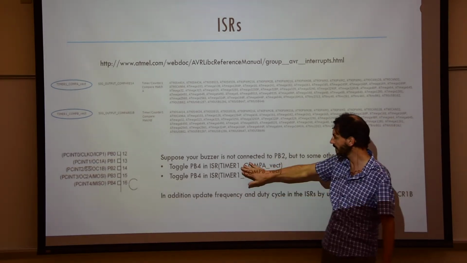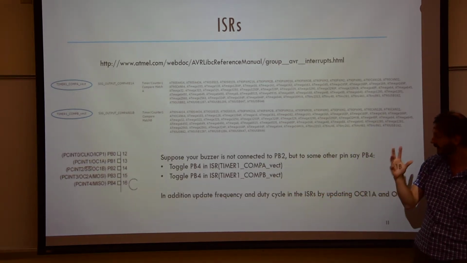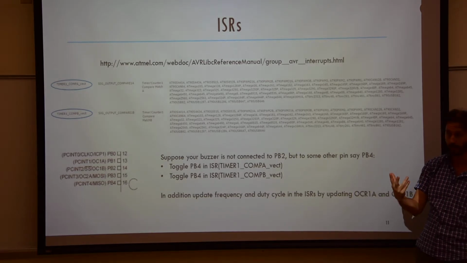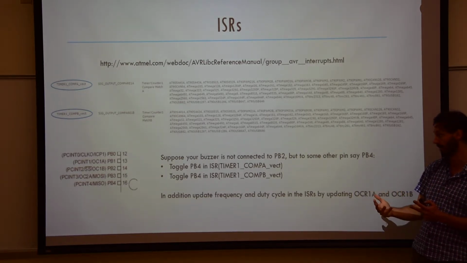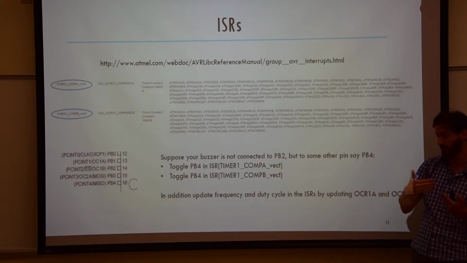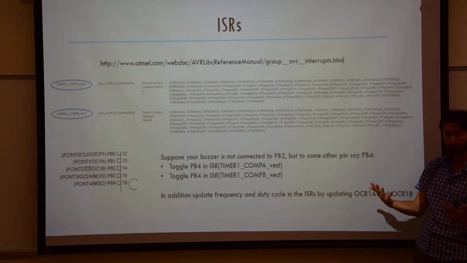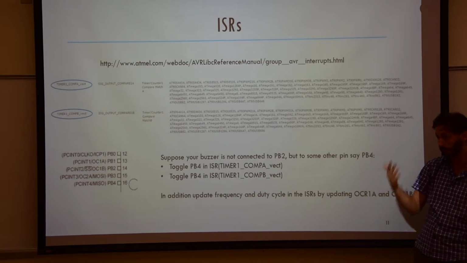Now, how can you use this interrupt service routine? I just explained that you can use it to change the register values, OCR1A and OCR1B, to change the frequency and duty cycle. And that allows you to really modulate the output signal over that pin, and then that will also give you, if hooked up with the right peripheral, the music that you would like to hear.